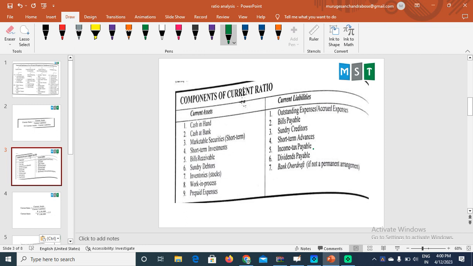In this analysis, a lot of window dressing happens. You have to understand it very clearly. They can manipulate the cash in hand. Cash in bank they cannot manipulate because it will be in the bank statement.